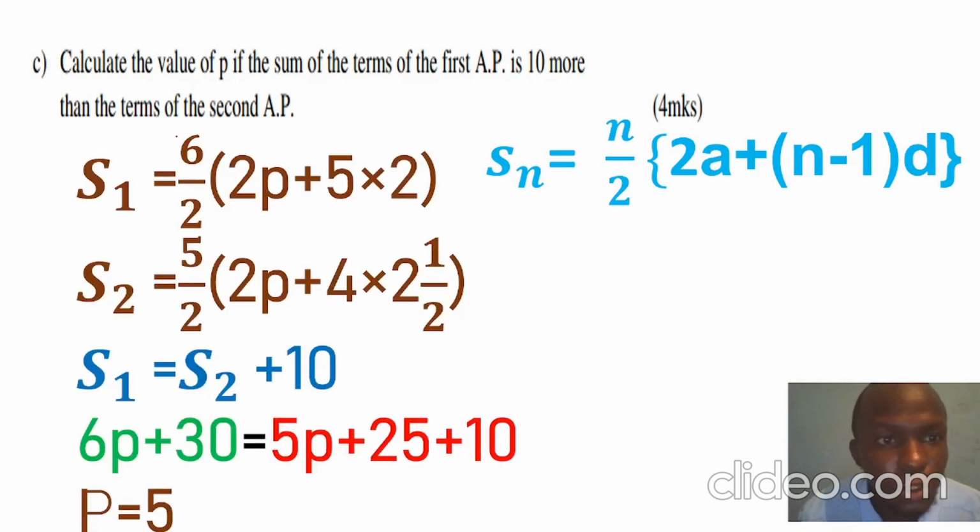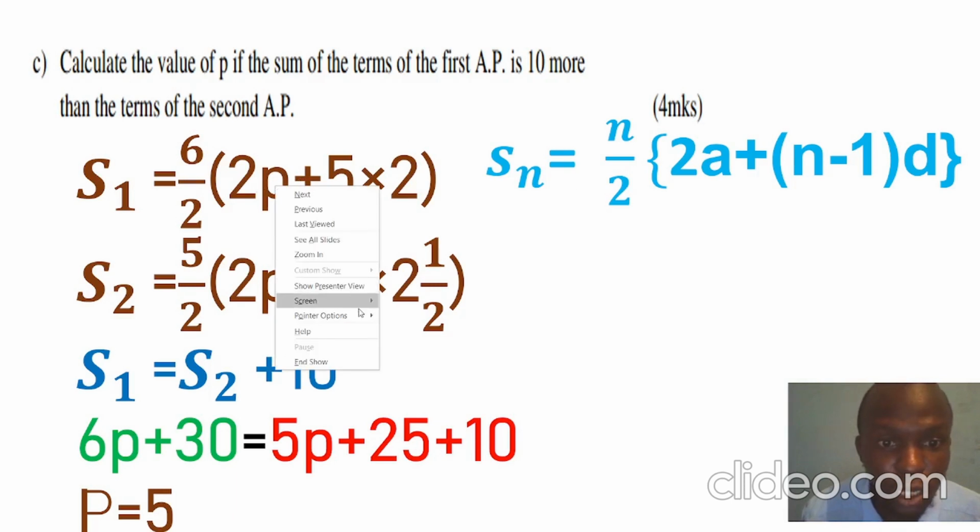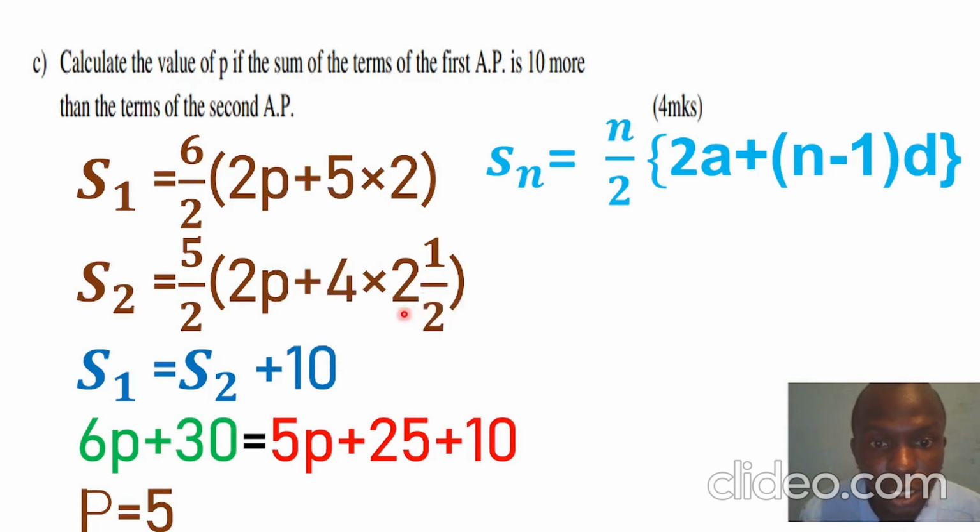So we have substituted 6 here, like we have seen, 6 in N for the first series. Where we have A, we substitute with a P. Let me use a laser highlighter.